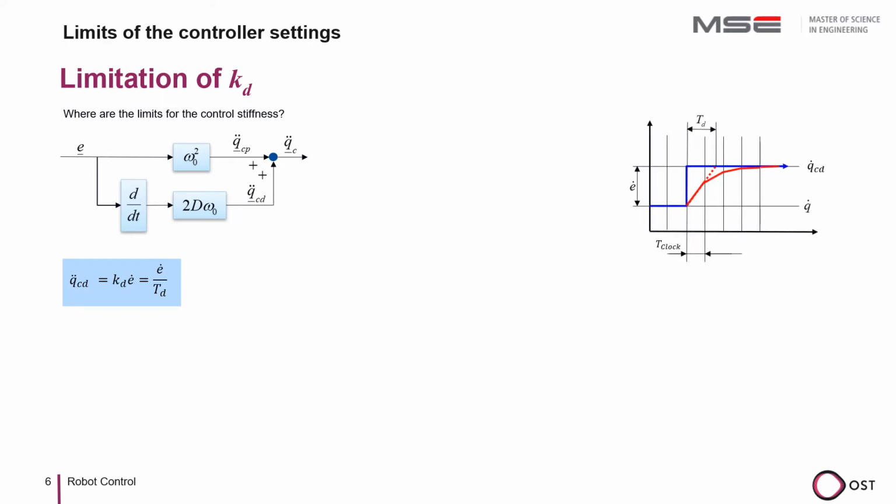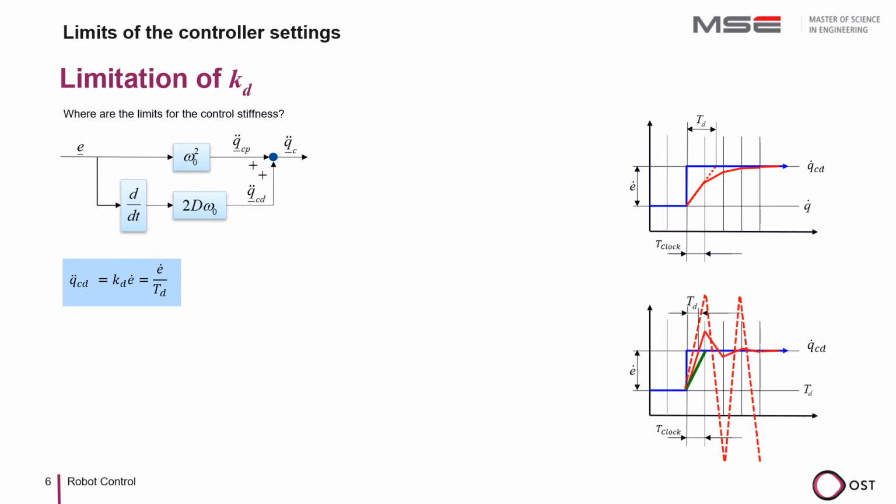Since we use digital controls and compute the controller algorithms with a fixed sampling clock, the controller in fact freezes each clock for the duration T clock. If Td is greater than T clock, the speed approaches the target speed asymptotically. If Td is exactly equal to T clock, the control error is compensated in exactly one control cycle.